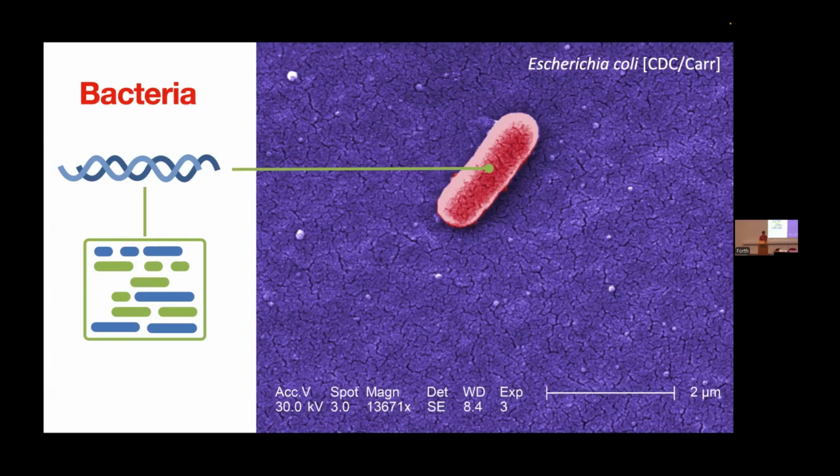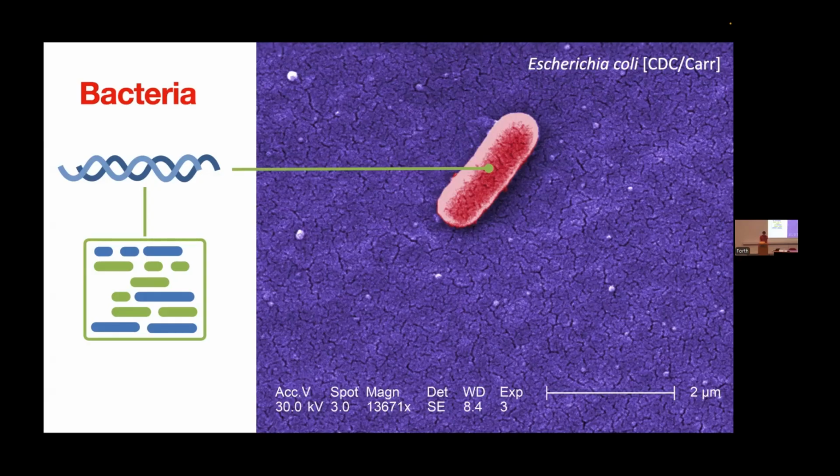Sometimes, of course, you see them in the news, like when there's an E. coli infection in a supermarket or something. Not all of the E. coli are pathogenic. Not all of them are bad. You have lots of them in your gut, and they help you, of course. Just to give you an idea of how big these things are, they are about 2 micrometers long, half a micrometer wide, rod-shaped.